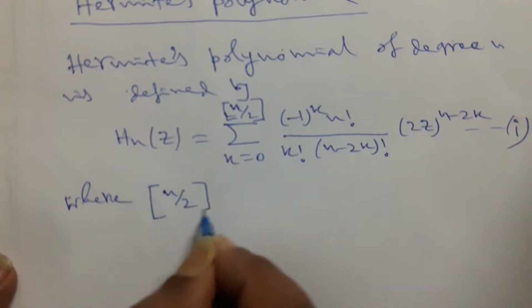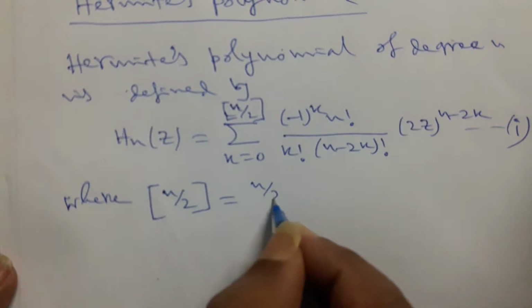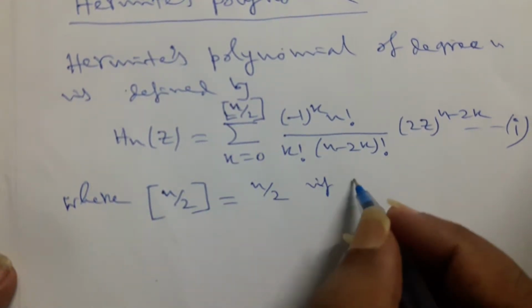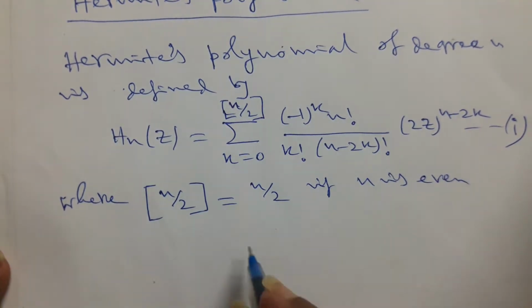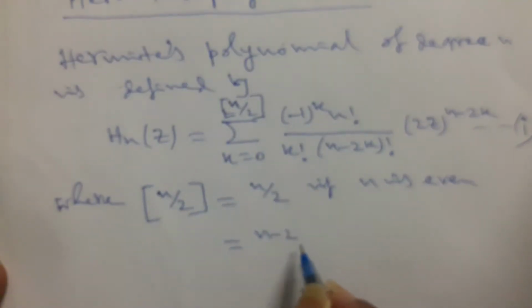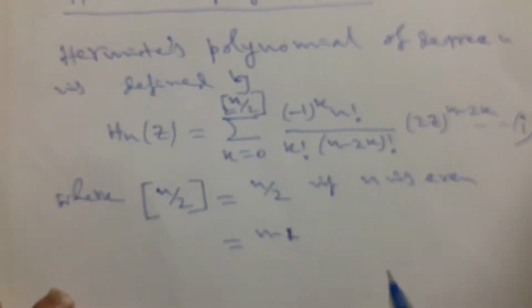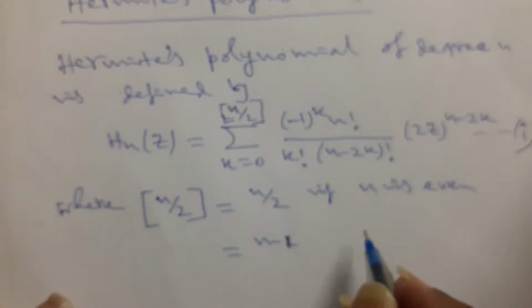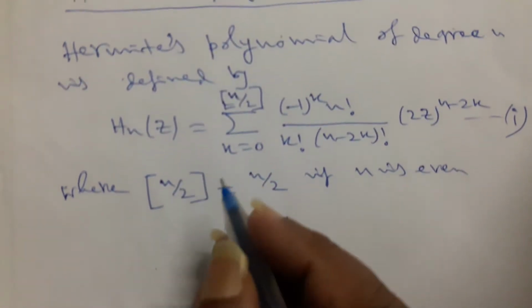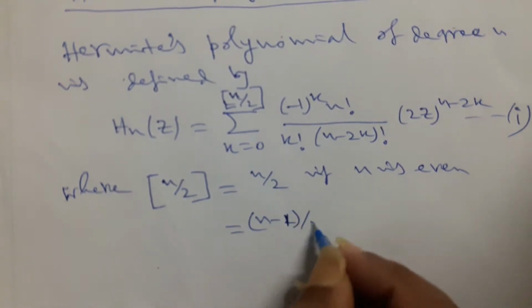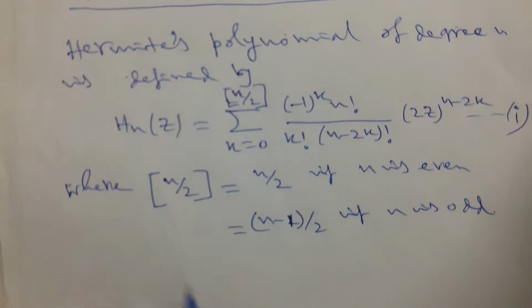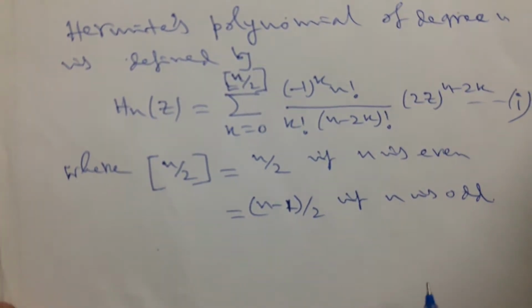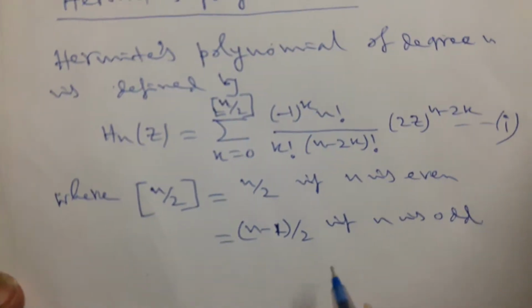The box of n by 2 is n by 2 if n is even, and is equal to n minus 1 by 2 if n is odd. So it is our definition criteria.